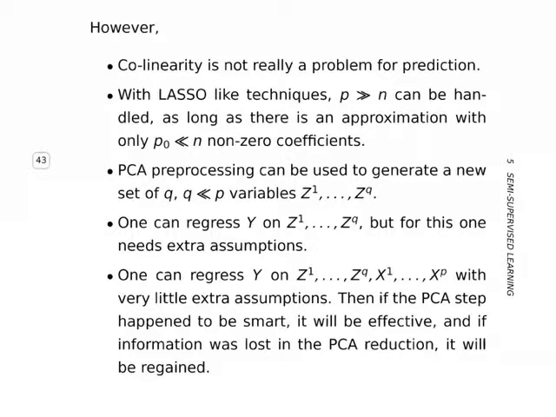If the PCA step happens to be smart, it will be useful. And if information was lost in this PCA step, I can regain it from the X's. At least I didn't lose all the information that was in the X's and doesn't exist in the Z's.